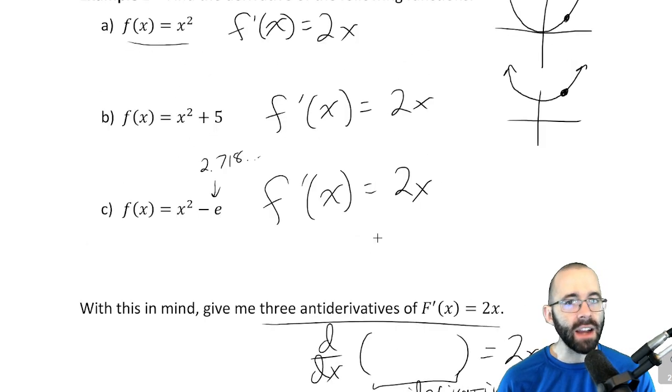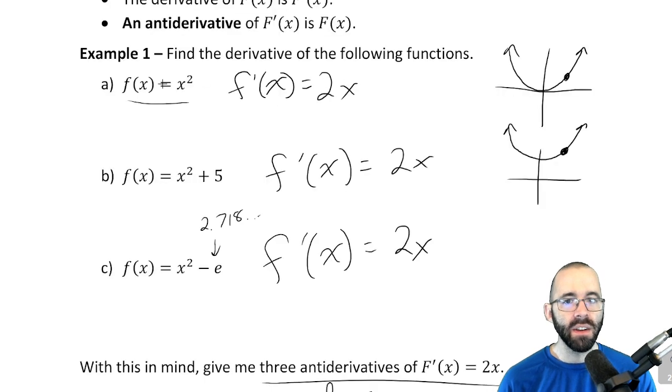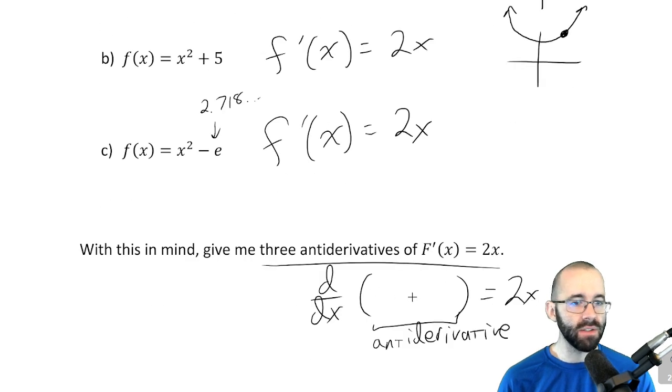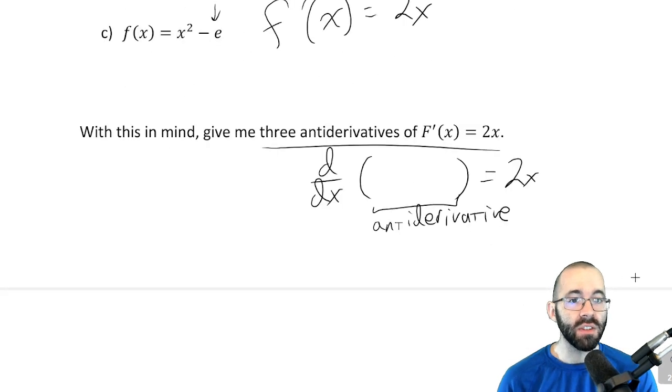Well, we already answered this. The derivative of x squared is 2x. The derivative of x squared plus 5 is 2x. All of those could go in this blank. The derivative of x squared minus e is 2x. So we just found 3 different antiderivatives of this function.